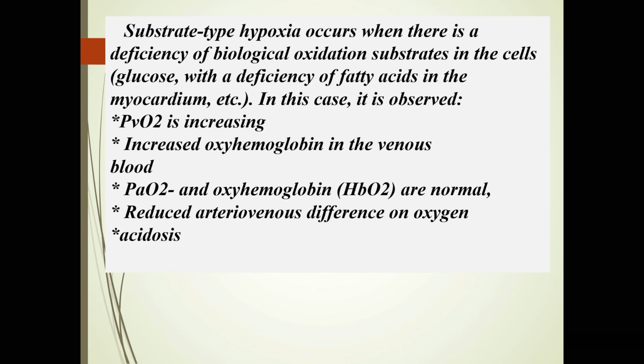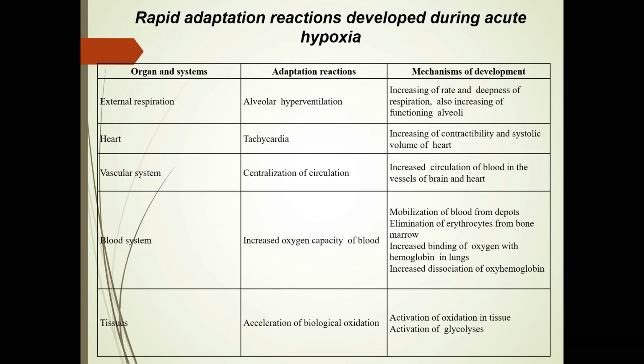Nitrate poison causes hemic and tissue hypoxia, and barbiturate poisons cause respiratory and tissue hypoxia. Local and general hypoxia are also observed.